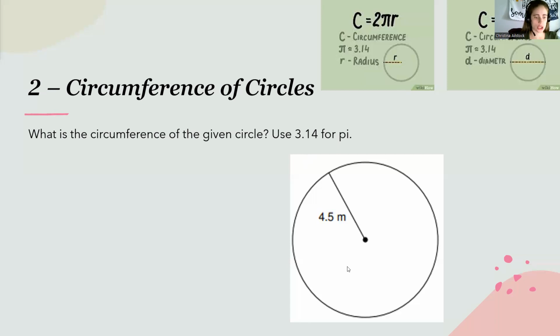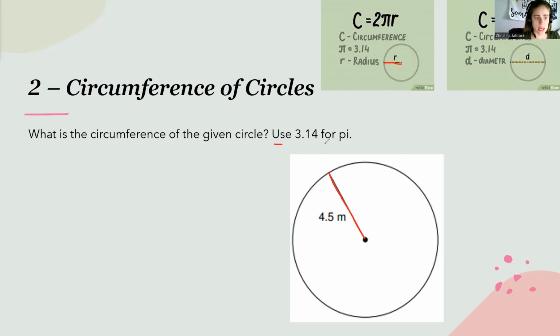So if we look at our question here, that's what we need to first identify. Are we given the radius or are we given the diameter? And we are given the radius, and I know that because it is from the edge to the center. It only goes halfway, and that even matches our picture here. So the radius is halfway, the diameter is all the way across.